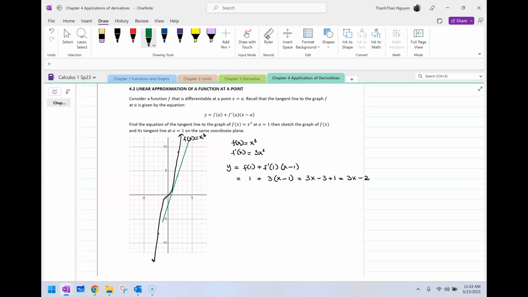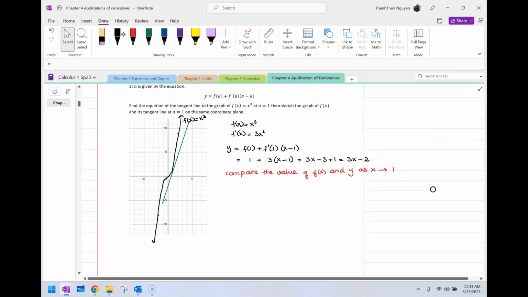So next, what I want you to do is to evaluate f of x. We want to compare the value of f of x and y as x approaches 1. We do that by evaluating the function at x closer and closer to 1. I'll make a table of values.